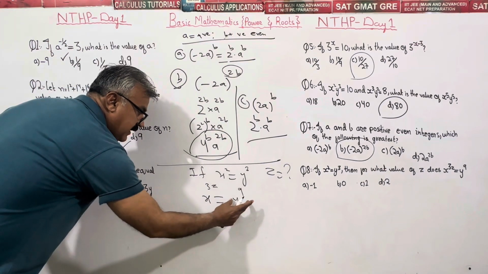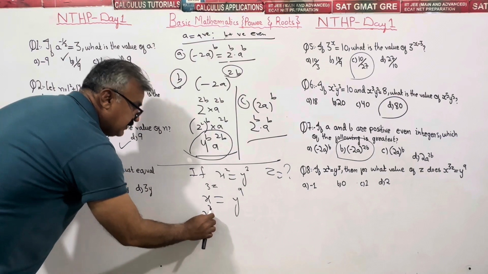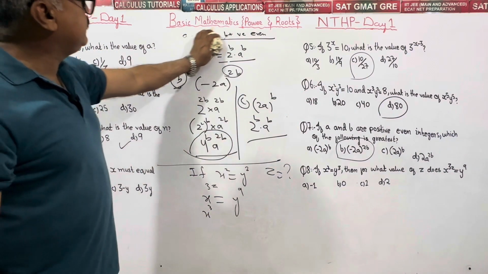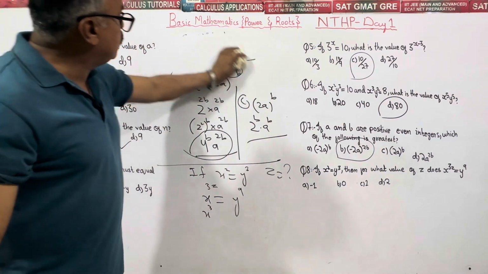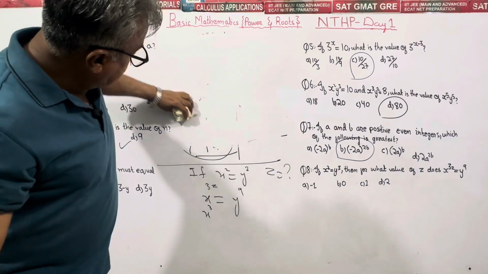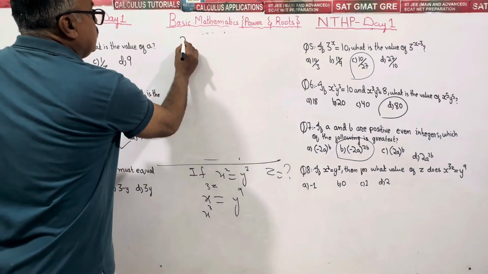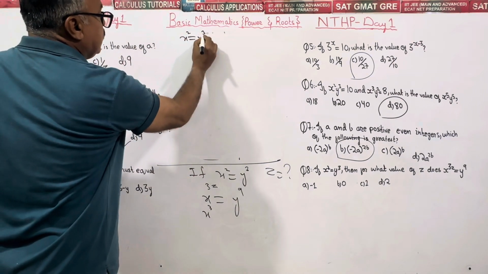So we have to manage y cube here in order to replace x square. Let me erase this in order to give you a good view. x square is equal to y cube.